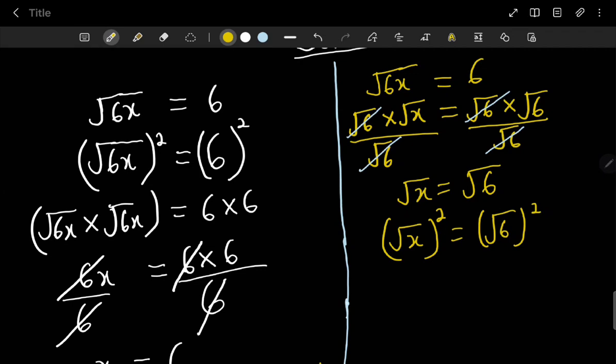Okay, so this square here will take away the square root, right? And then this will also take away this, right? Before I write the final answer, let me tell you the reason why this square will take away the square root, right?